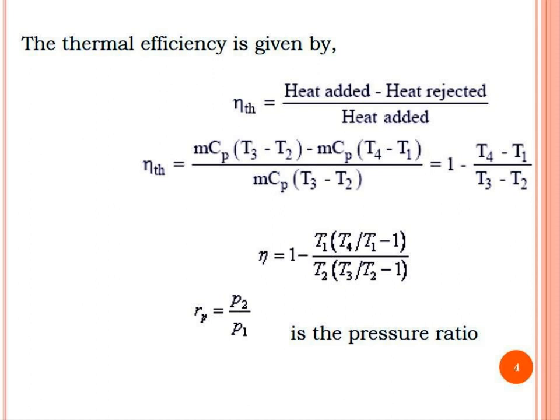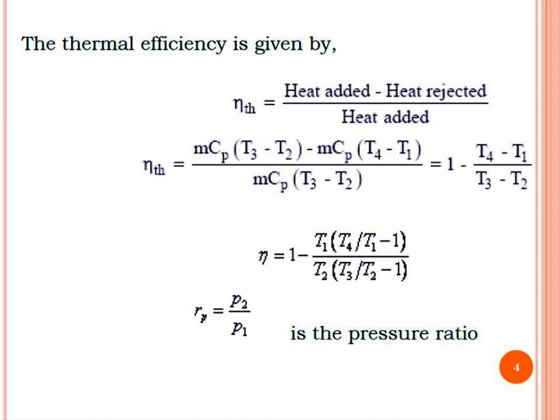that is m Cp (T3 minus T2), and heat rejected, that is m Cp (T4 minus T1). The heat addition takes place in the combustion chamber, and the heat rejection takes place in the atmosphere, where exhaust gases enter the atmosphere.